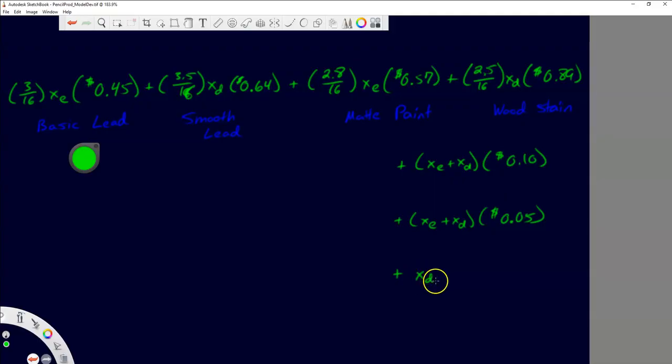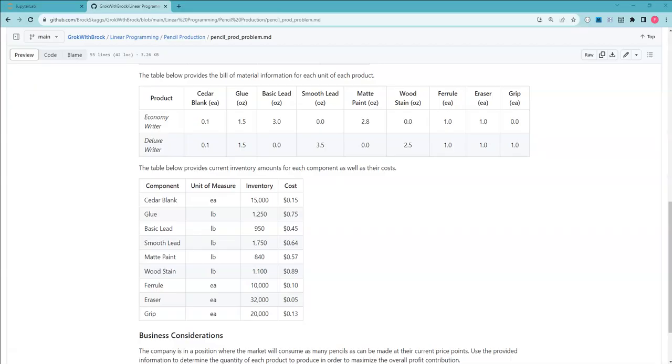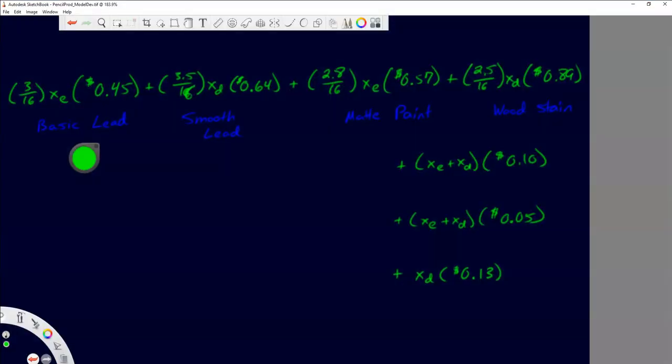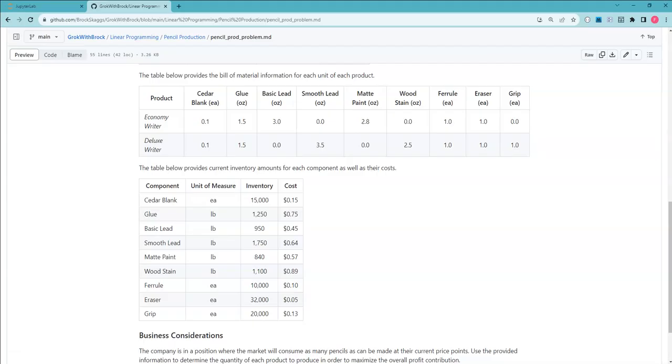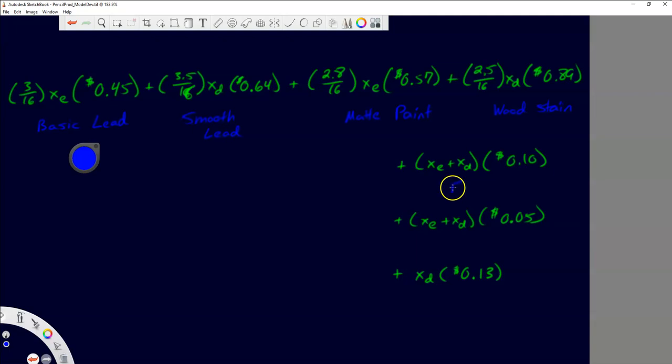There's one grip. $0.13, yes. And just to go back and finish keeping track: ferrule, eraser, and grip. Okay.